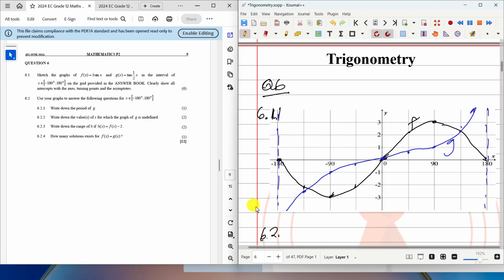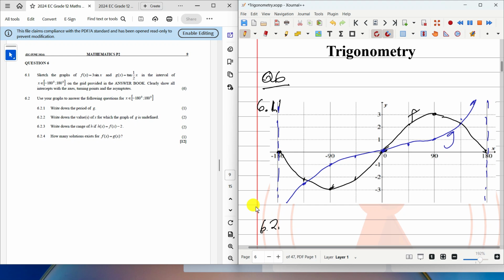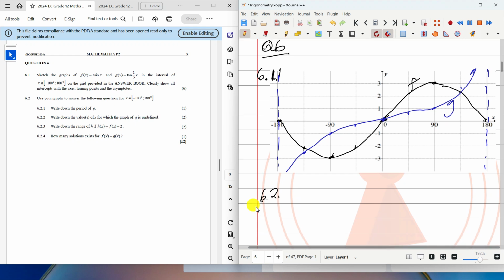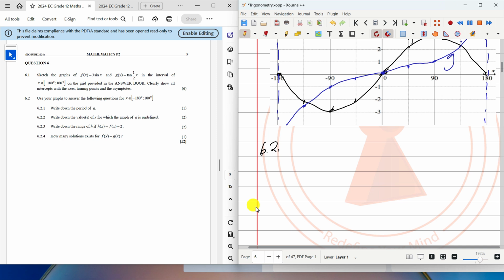Use the graphs to answer the following questions, for x an element of negative 180 degrees included to positive 180 degrees included. 6.2.1. Write down the period of g. Normally we know that when it comes to the period of tangent, we say it is 180 over b. The b here is half, and we expect it to be 360 degrees.